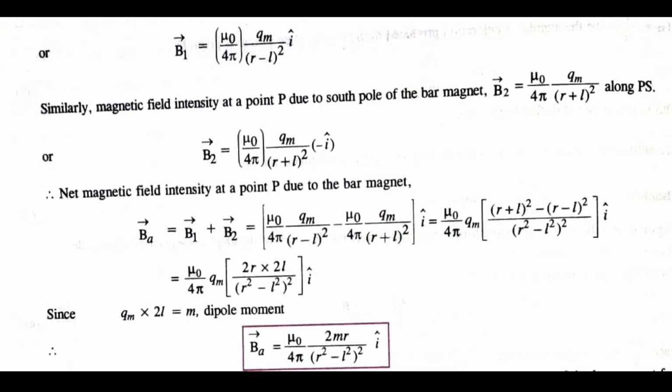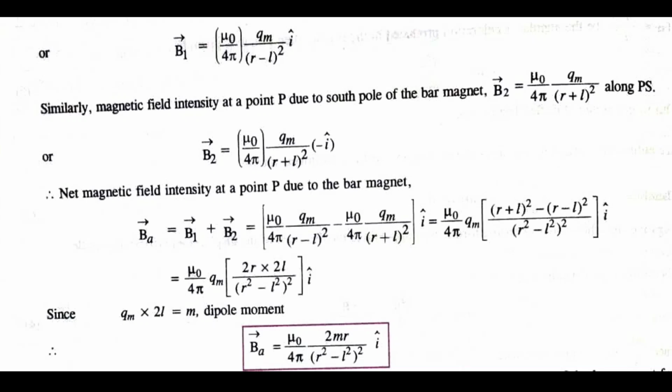Now the magnetic field intensity at point P due to the north pole of the bar magnet is equal to the force experienced by the unit north pole at P due to the north pole of the magnet, and this force is acting along the x-axis, so we represent the direction by using i cap.